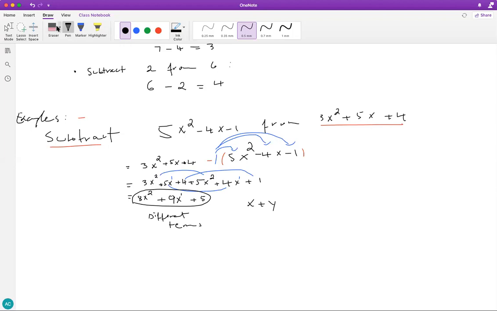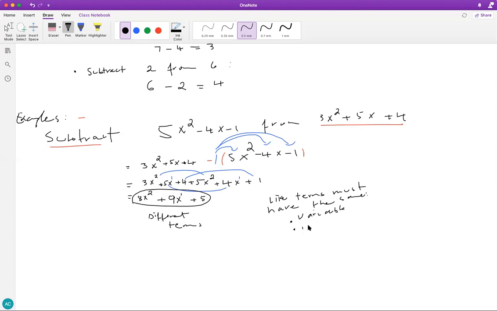Okay, so like terms must have the same what? Like terms must have two things. What are those two things? The same variable and what else? And the same power.